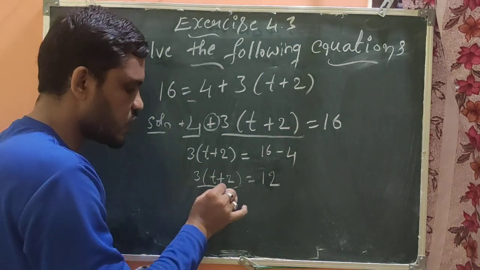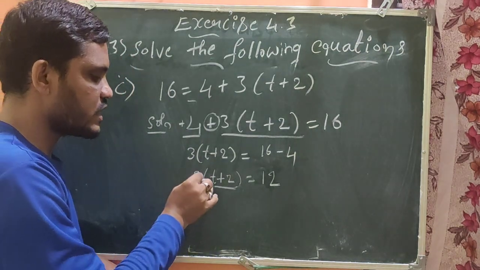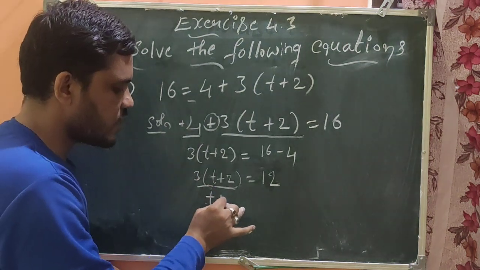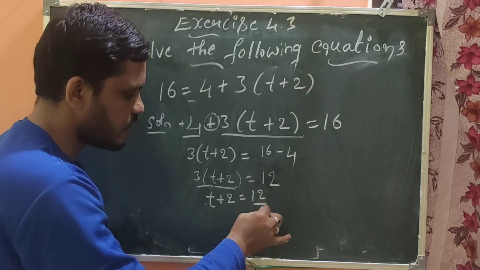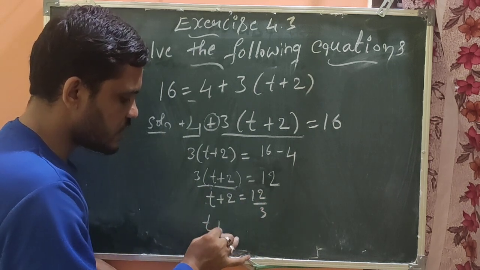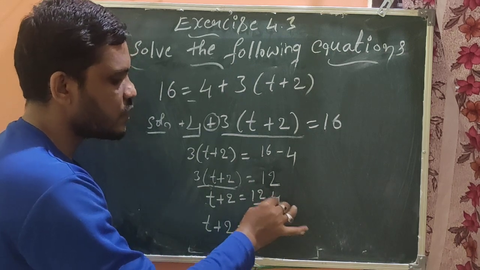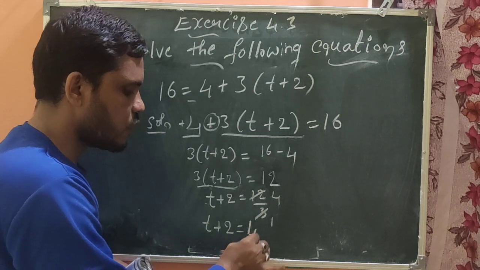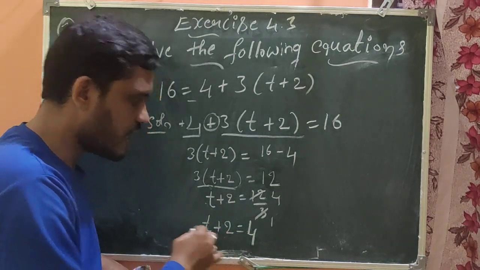So next these two are separated by the multiplication symbol. So we should shift this 3. That becomes t plus 2 is equal to 12 by 3. That is t plus 2 is equal to 3 ones are 3, 3 fours are 12. Then the value of t plus 2 is equal to 4. Then we have to find the value of this t.